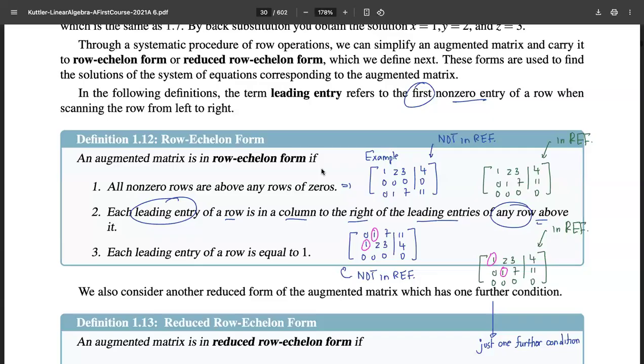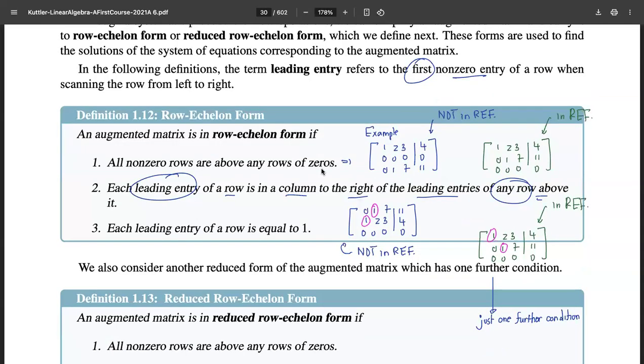Looking at the example here, the matrix on the left is not in REF form because the row with all the zeros is in the middle. It's not at the bottom of the augmented matrix.